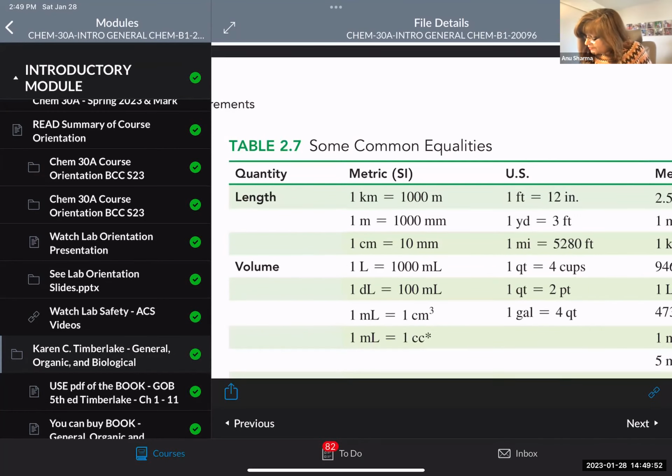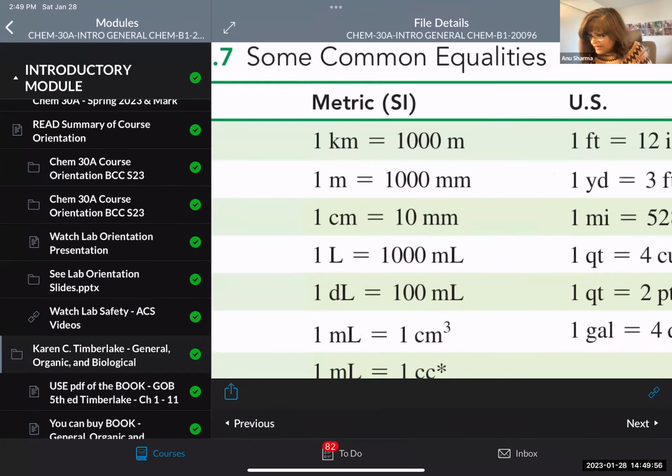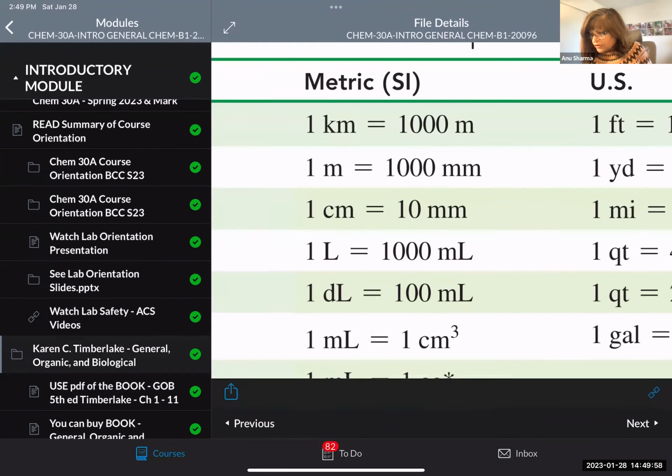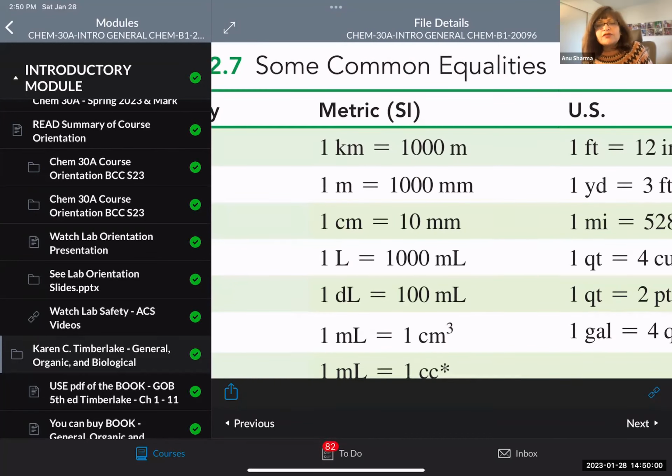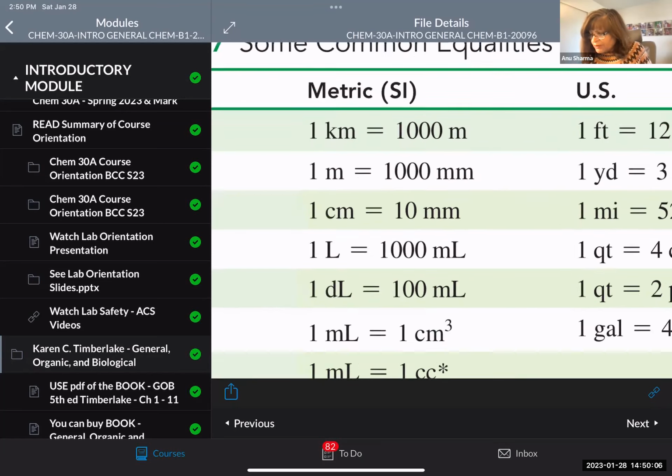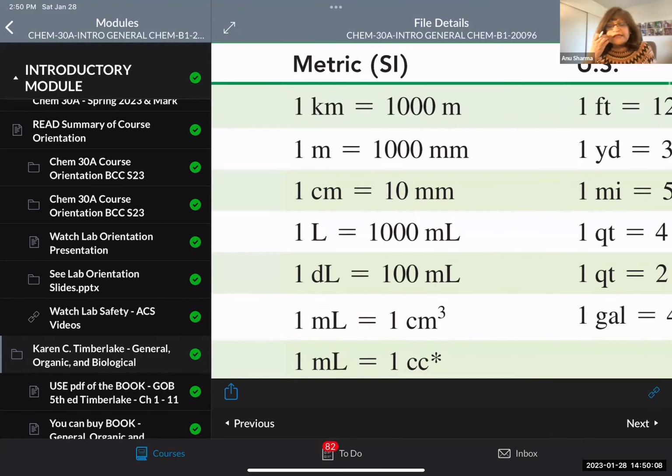Here, you are not given the direct relationship between centimeters and meters. Sometimes you might have to look it up on Google, or you will have to do a two-step. But for simplicity, I'm just letting you know that you can look up the equality between centimeters and meters on Google.